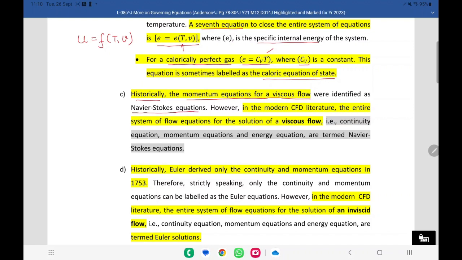That was the original usage. But now in modern CFD literature, the entire system of flow equations for the solution of viscous flow, which includes the continuity equation, momentum equation and energy equation, is termed the Navier-Stokes equations. Originally the Navier-Stokes equation was only the momentum equation, but now all 5 are taken together and called Navier-Stokes.